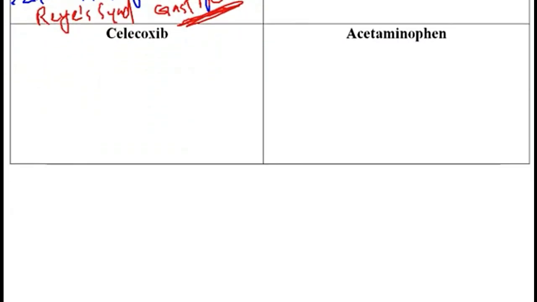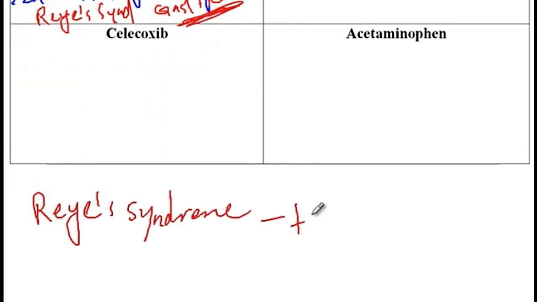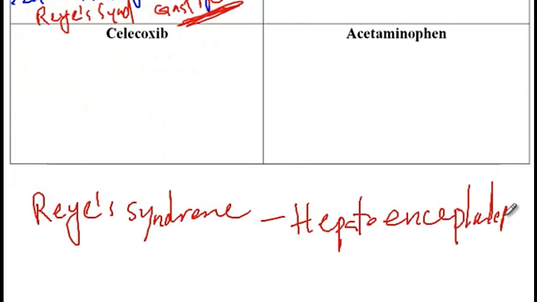In addition, aspirin supplementation in children can cause Reye's syndrome. So you should avoid aspirin in children because it can cause Reye's syndrome, which is a hepatoencephalopathy that can develop in these patients that can cause edema in the brain, as well as damage to the mitochondria in the liver. These patients also present with hepatic symptoms.